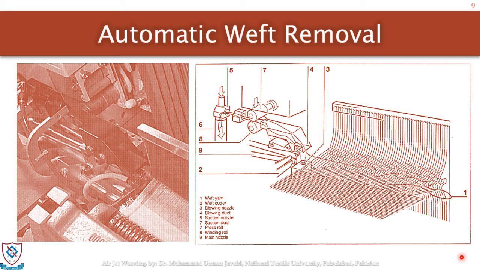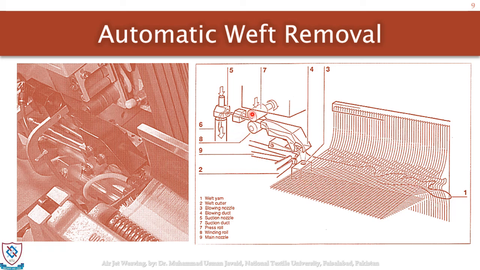This is a very old concept, and different manufacturers have provided different techniques to remove the broken weft from the system. In this slide, I have shown a system that is also available in your textbook. You can see here the line diagram of the system. Here you can see the broken weft, and here are different elements.